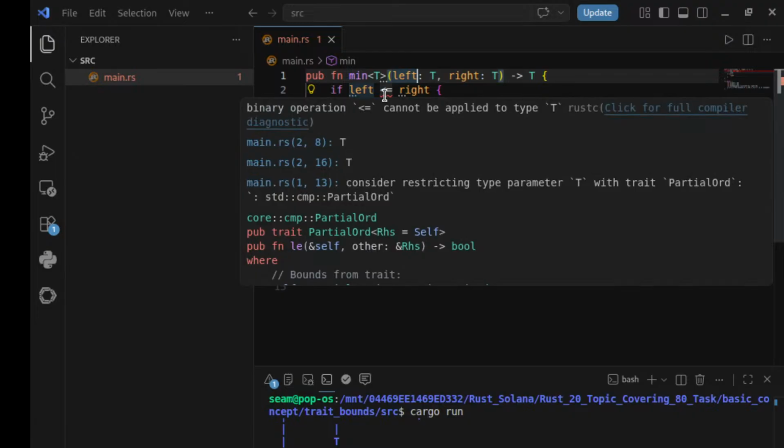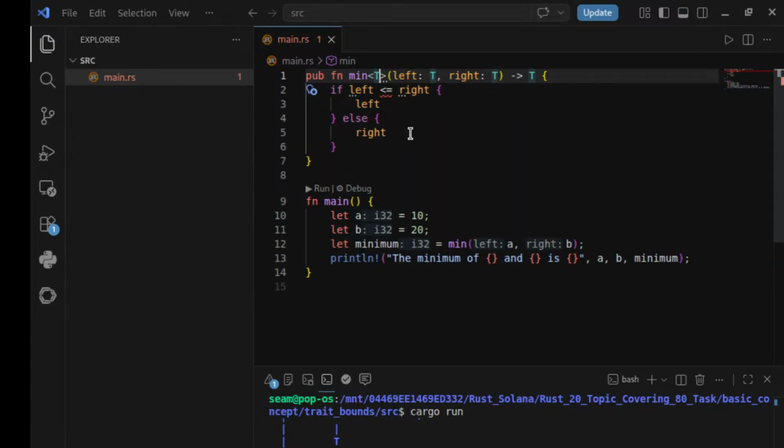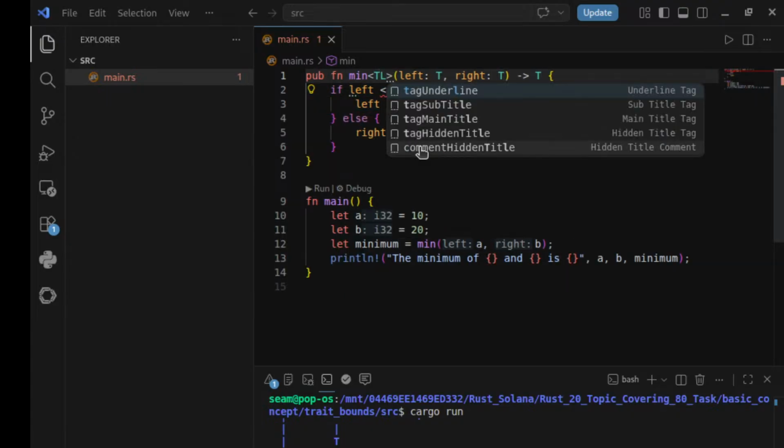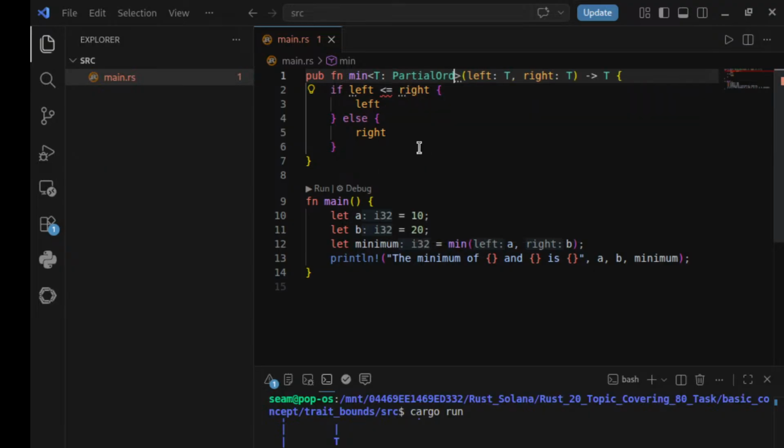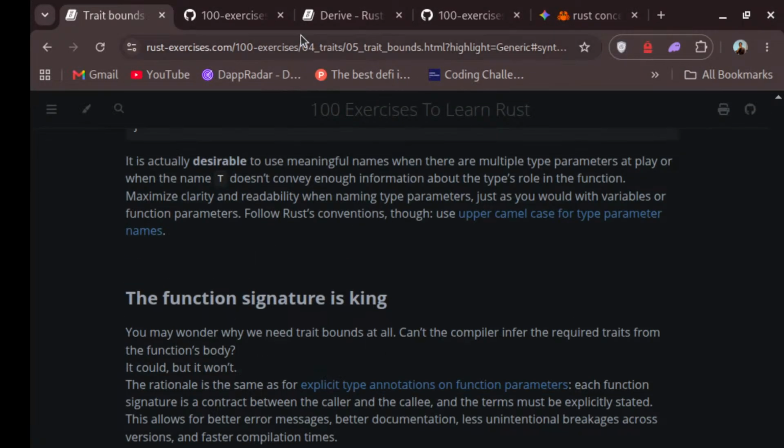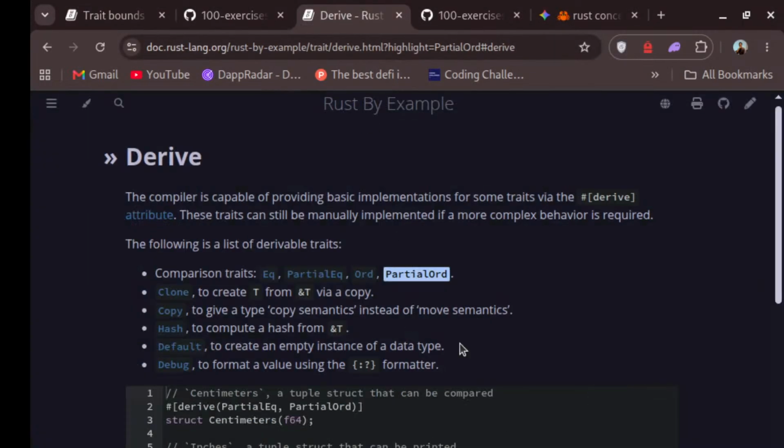If we don't use the trait bound, we can't use this trait. So the core concept is, if we want to use this trait, we have to use the trait bound, right?